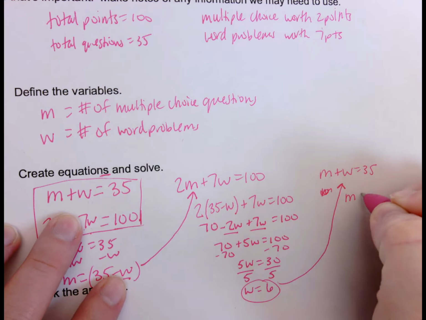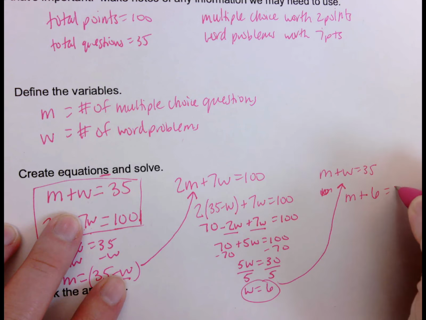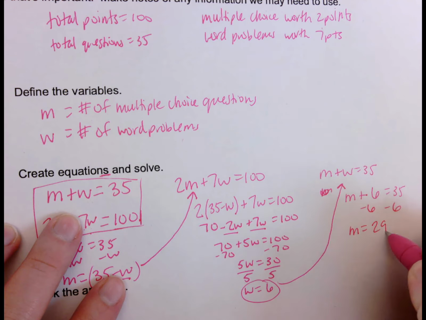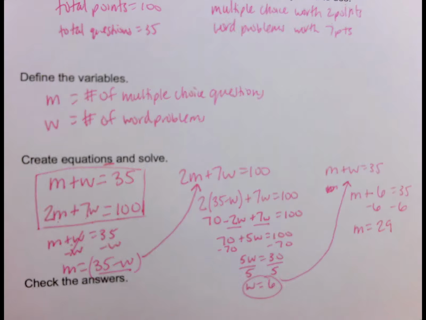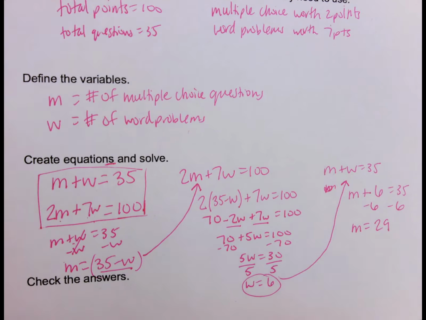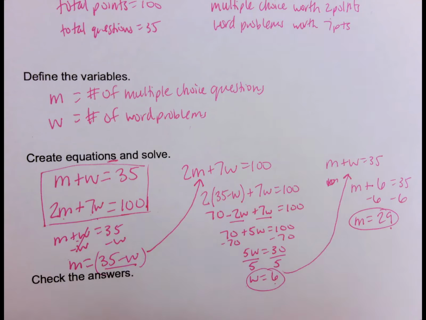So I'd have M plus 6 instead of W is equal to 35. And then that's easy enough to solve. I just subtract 6. And I find M is 29. So this seems like a lot of information, but it actually makes very logical sense once you sit down and look at it again. So I have found that the number of multiple choice questions is 29, and the number of word problems is 6. But I need to check and make sure that that fits my criteria.